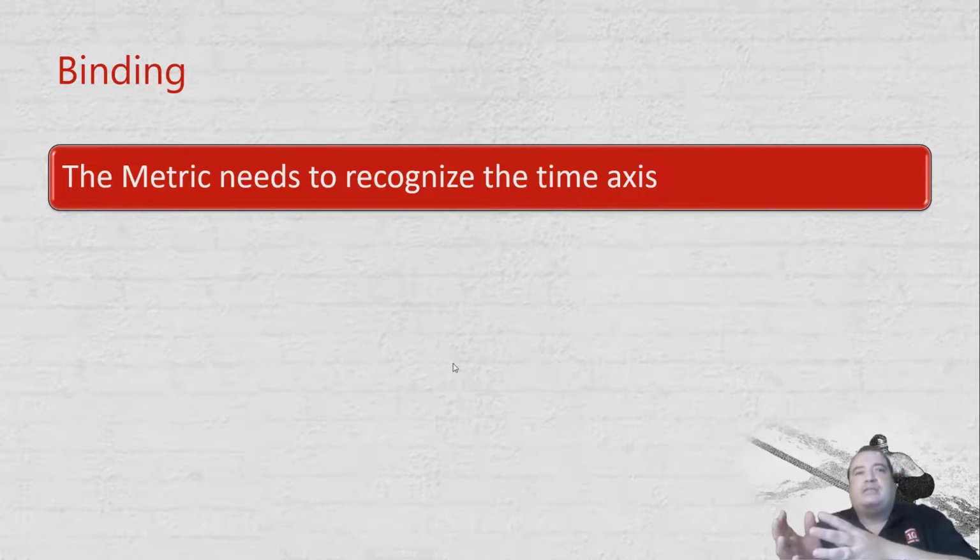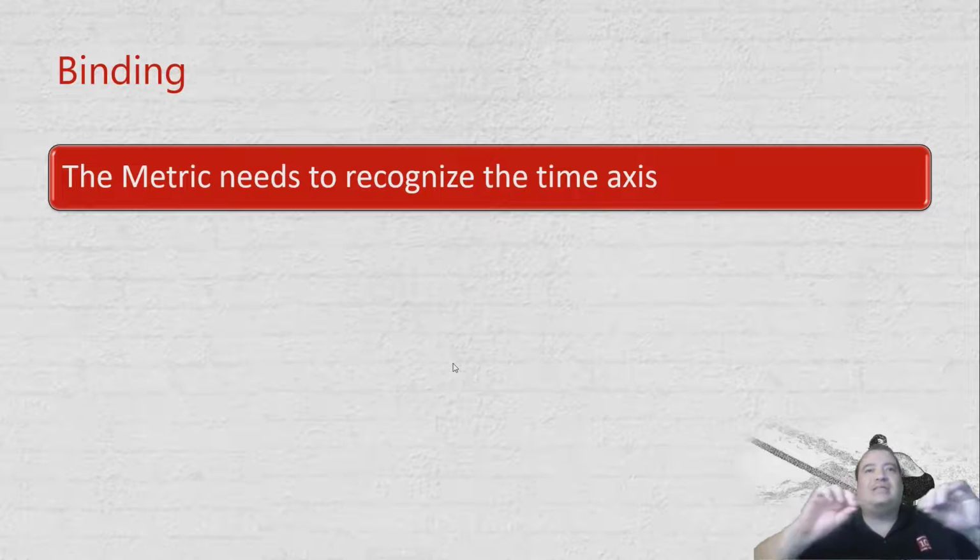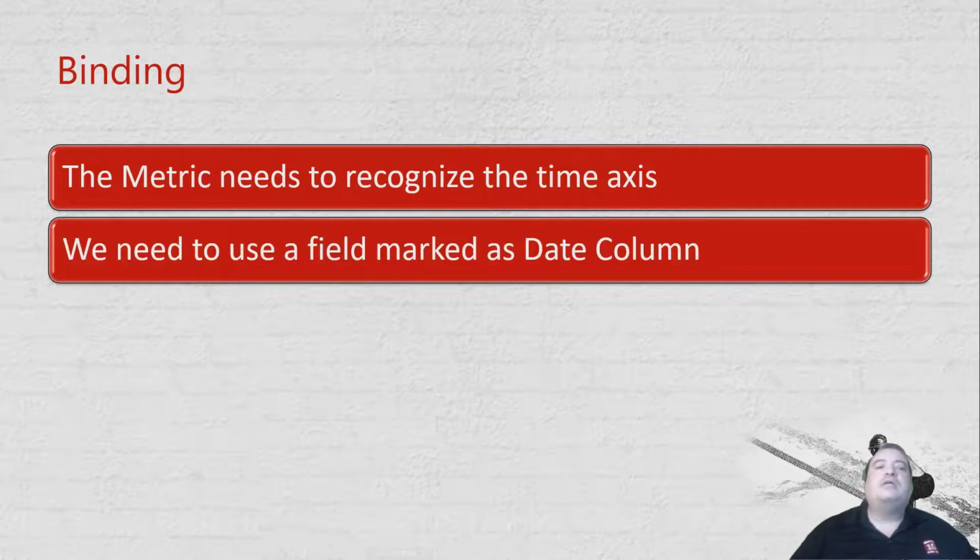If the time axis is not recognized, the metric will be bound to a single value and not to a series of values. This is a critical difference when binding a metric, to be sure that the time axis is recognized. We need to use a field marked as date column. The field that we use for the time axis needs to be marked as date column.